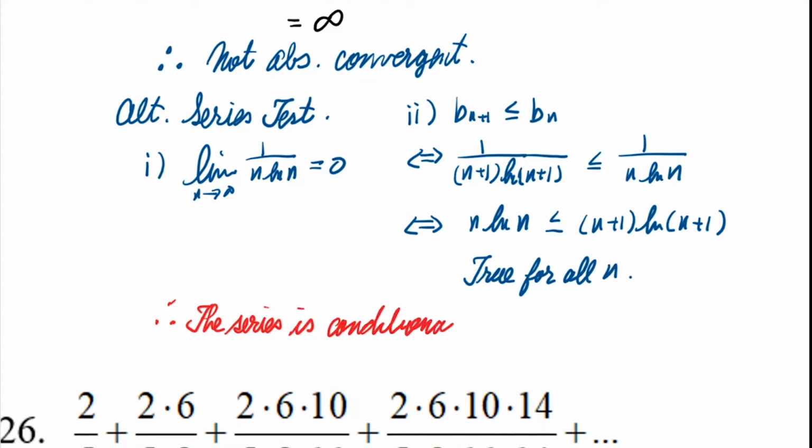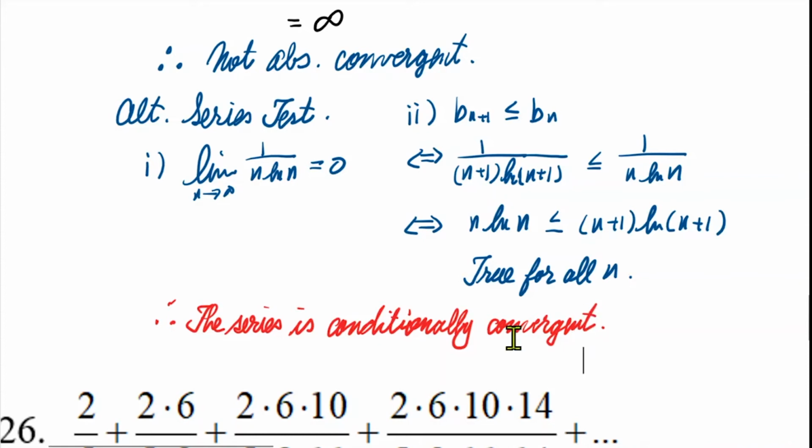Conditionally convergent. You get it? This is what it required. What is required to show conditional convergence? Let's review. You have to have not absolutely convergent and the alternating series test passes. You get it?